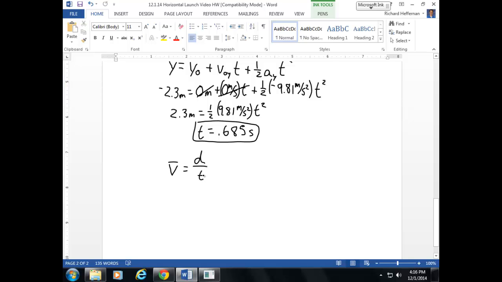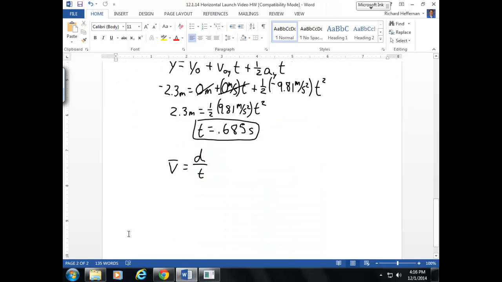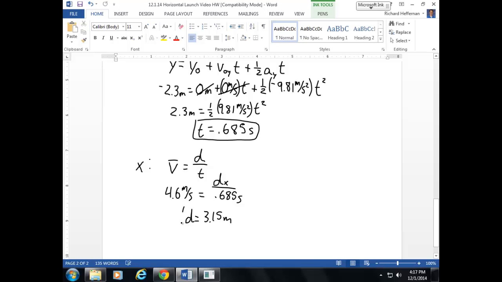His constant horizontal speed, the x direction. So 4.6 meters per second equals whatever distance he travels in the x direction over a time of 0.685 seconds. The distance that he travels horizontally is 3.15 meters, which is a pretty impressive dive.